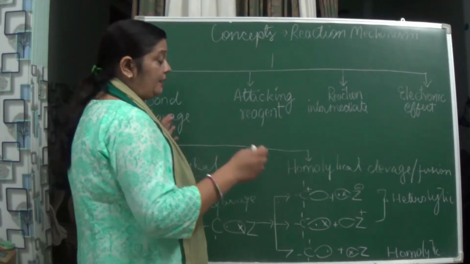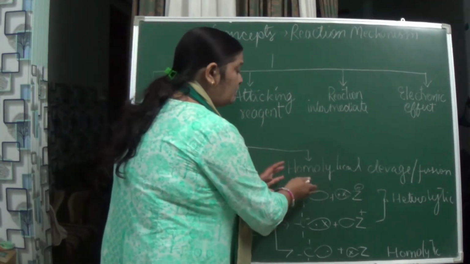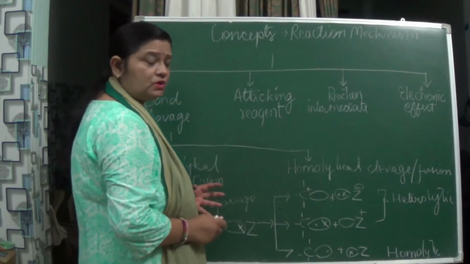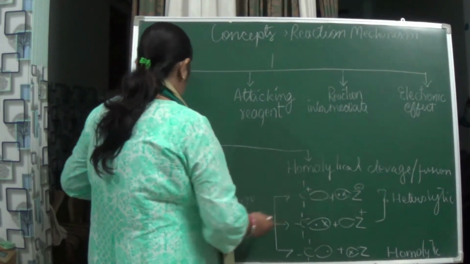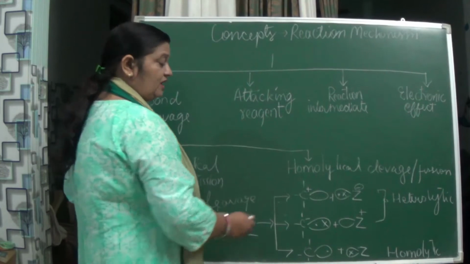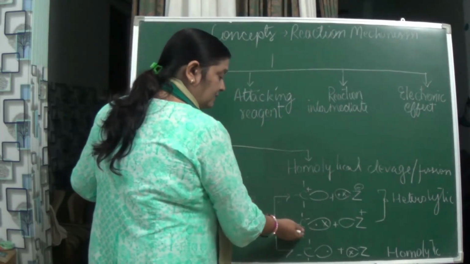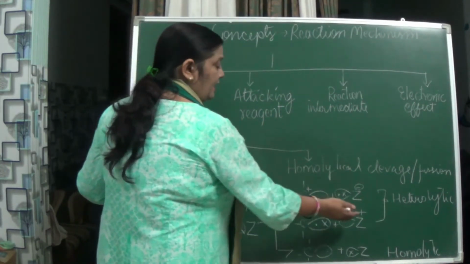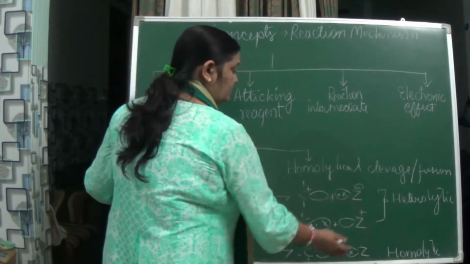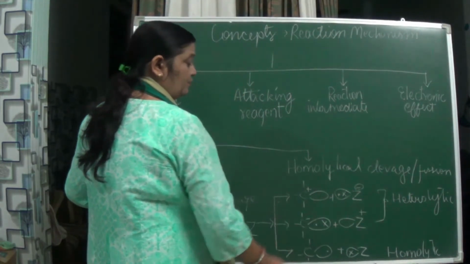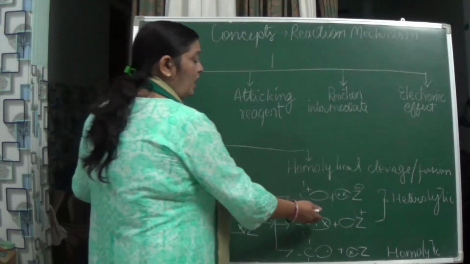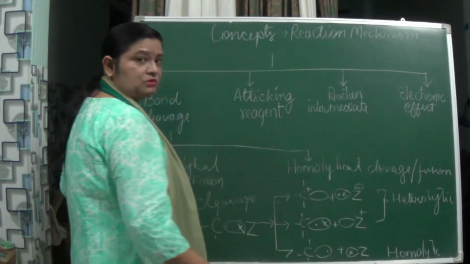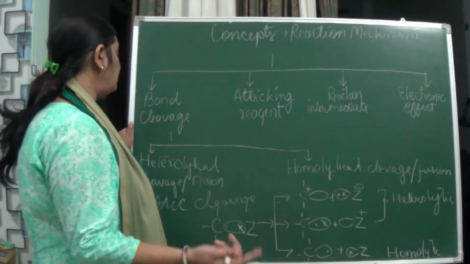So in this type of cleavage, there is not equal distribution of electrons, and as a result it is known as heterolytical cleavage. Same thing here: if the carbon takes the electron of this element also, it becomes a positive cation and this becomes a carbanion. Here also there is unequal distribution of electrons, naturally heterolytical cleavage.